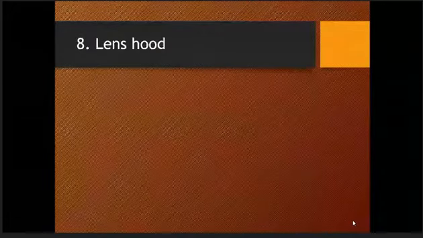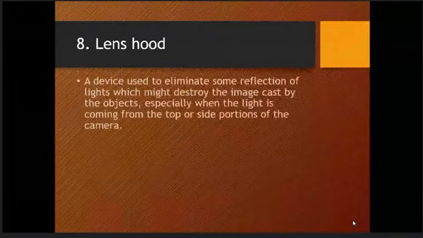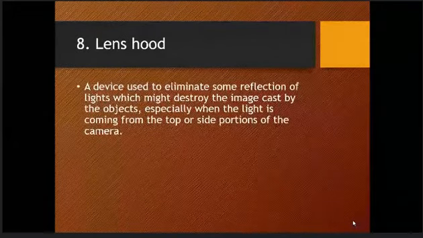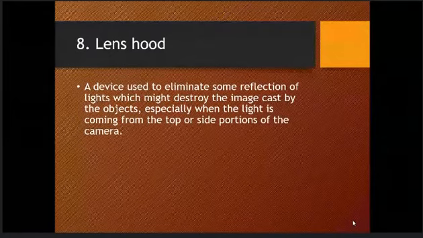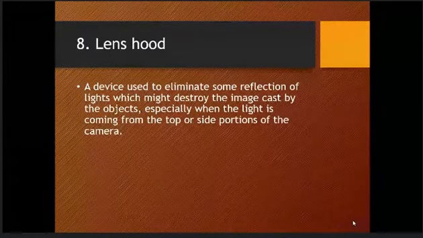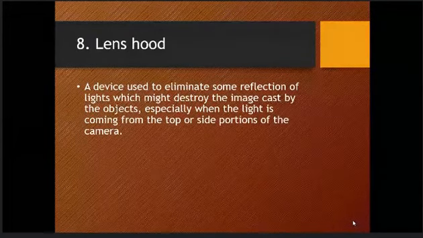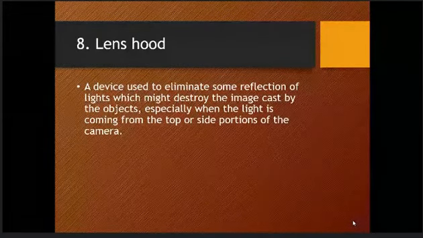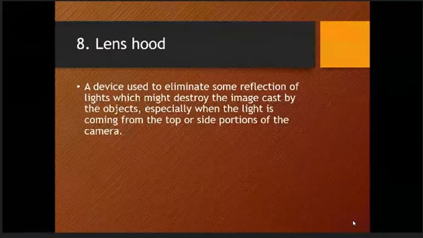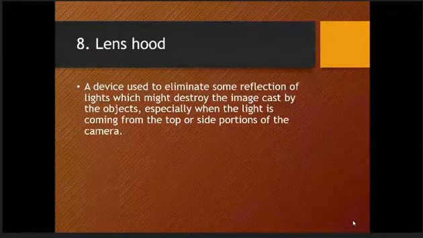Next is the lens hood, a device to eliminate some reflection which might destroy the image cast by the objects, especially when the light is coming from the top or side portion of the camera.